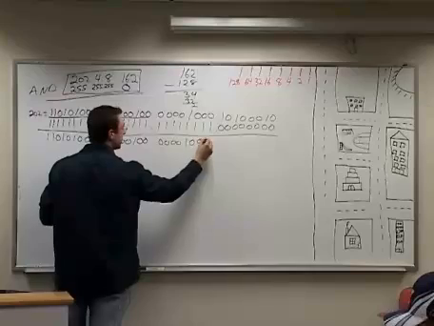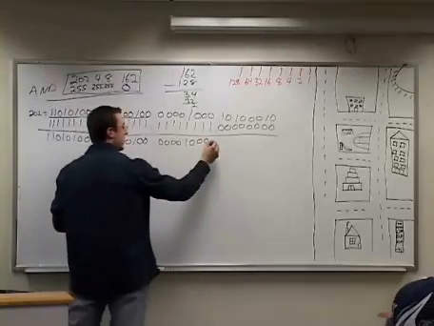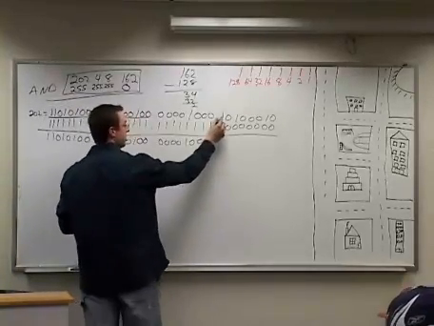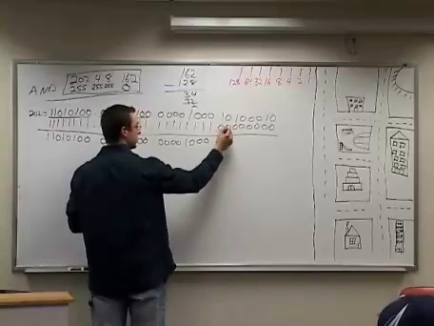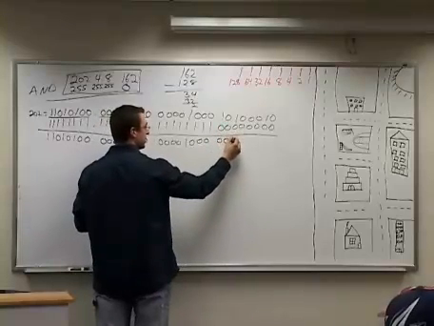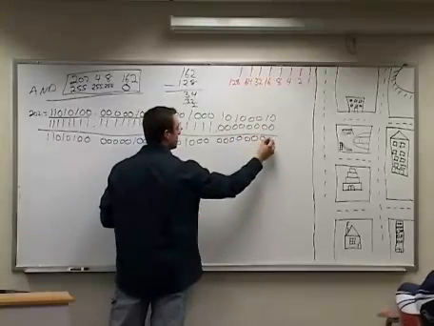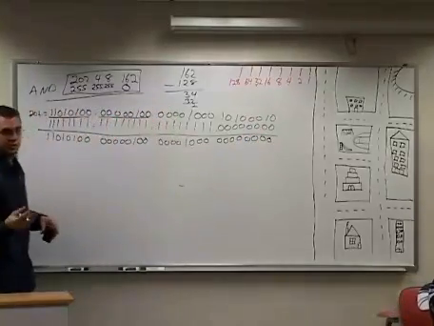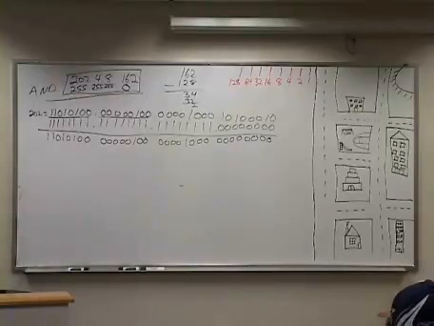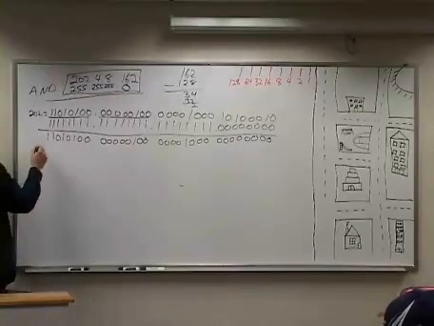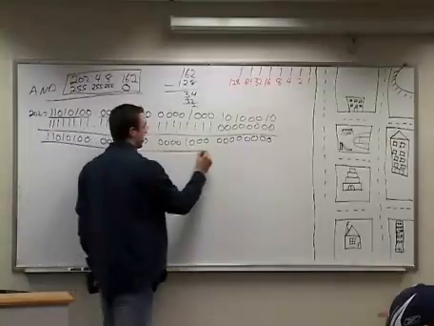My last octet here: 1 and a 0 is 0. 0 and a 0 is 0. 1 and a 0 is 0. So anything with a 0 is 0. A 1 and a 1 is 1. So right here is the network that computer is on.